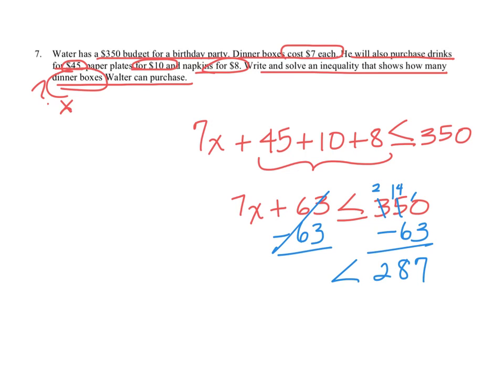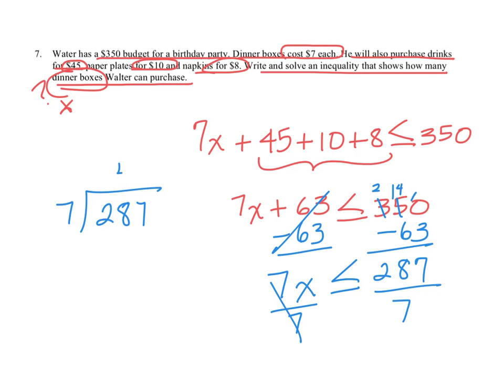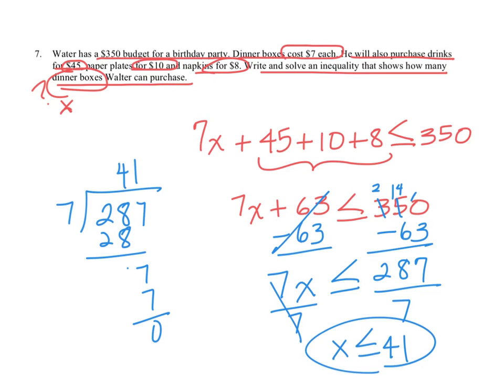Bring down your inequality sign, your 7x, and 7 will be divided by 7 on the left and also on the right. 287 divided by 7 is 41. 41 would be the value of x. In other words, Walter can purchase no more than 41 dinner boxes. Now you try question number 7 on your homework assignment.